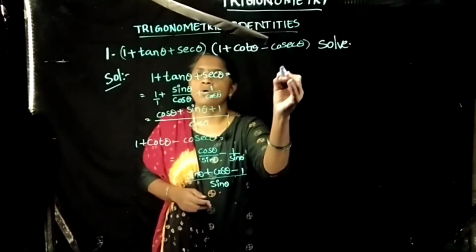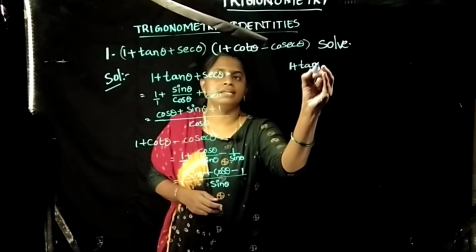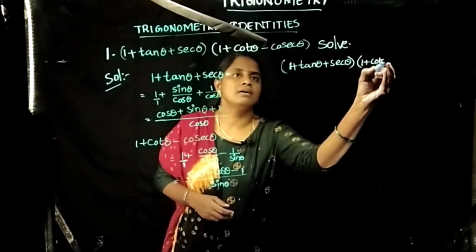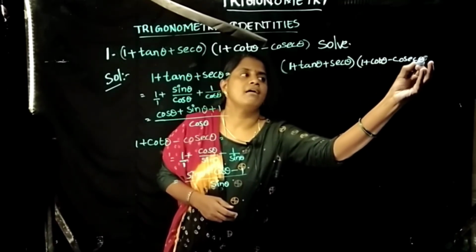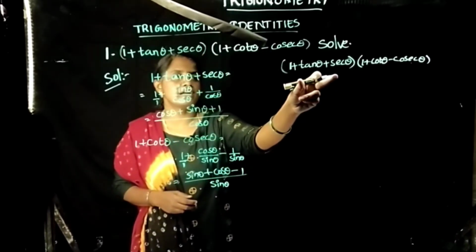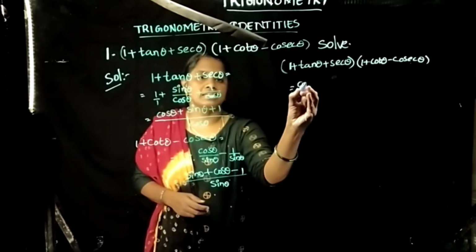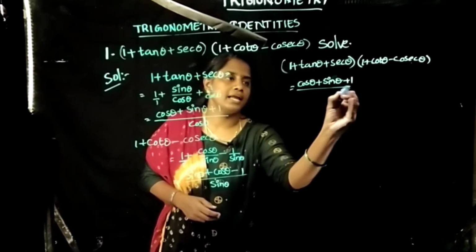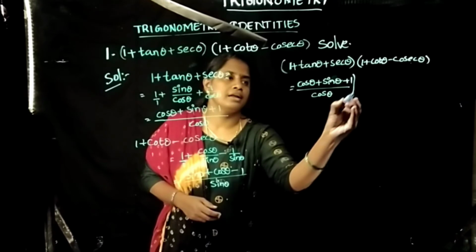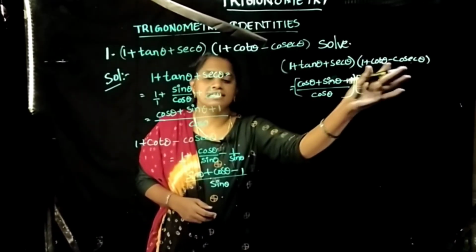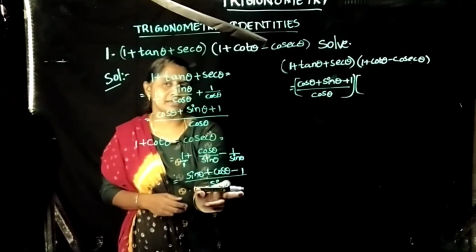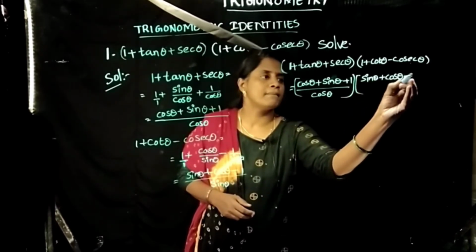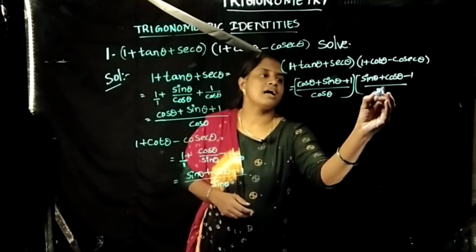Here what is the problem? 1 plus tan theta plus secant theta into 1 plus cot theta minus cosecant theta is equal to, the value of the first term is cos theta plus sin theta plus 1 by cos theta, into the second term, sin theta plus cos theta minus 1 by sin theta.